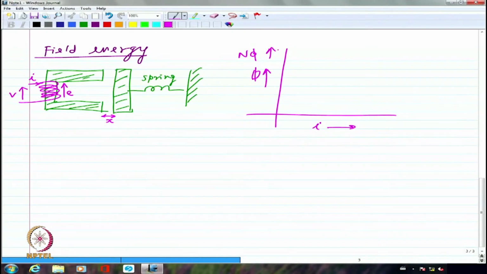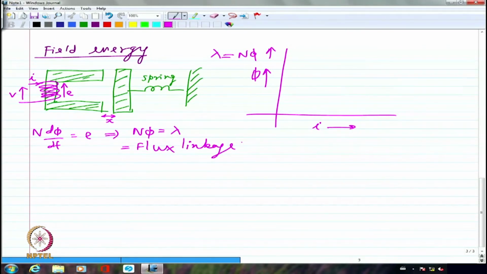So I am just multiplying the flux by the number of turns, and I am calling that quantity lambda, because we normally write N d phi by dt is equal to E. So I am going to write N phi as lambda, and I call this the flux linkage: how many times this flux is linking with the total magnetic path.